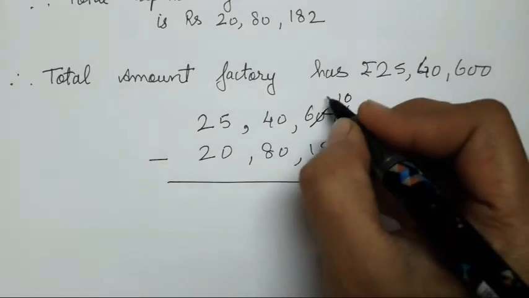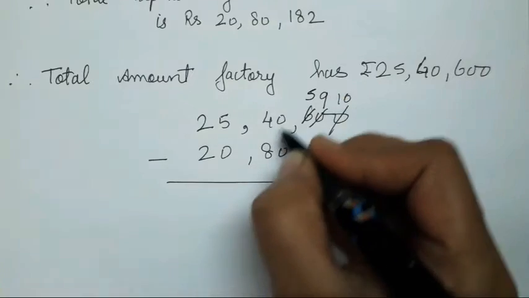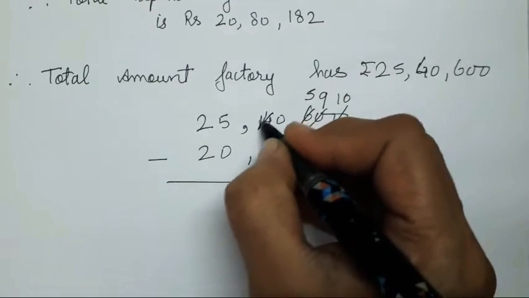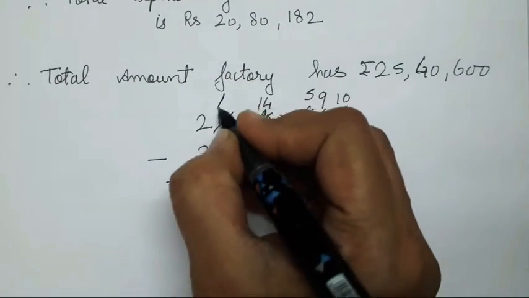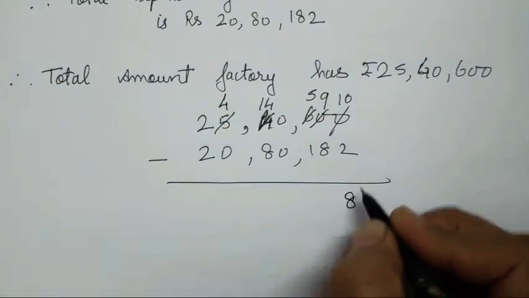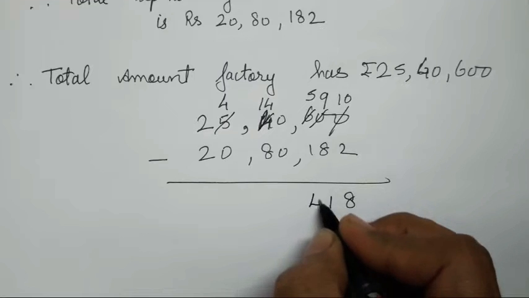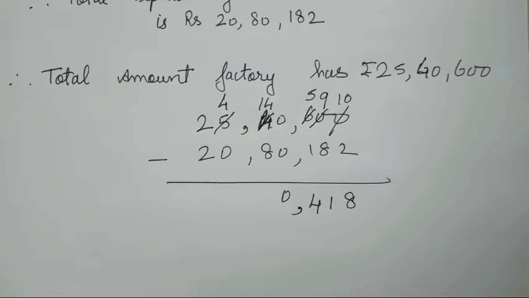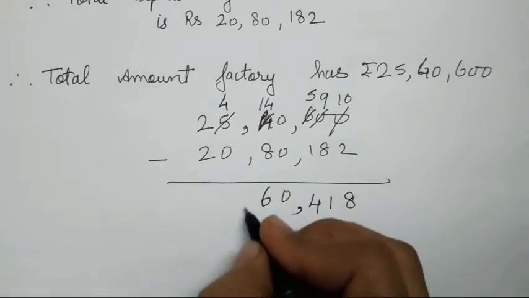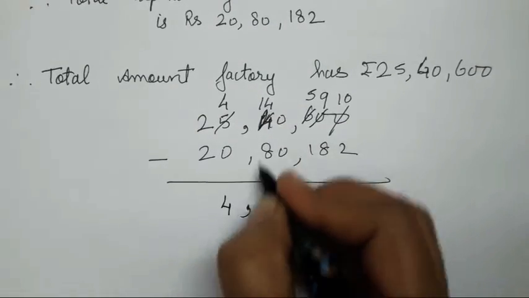So 10, 9, 5, 4. So I will cut and write it over here, 14 and 4 over here. So 8, 1, 4, 0. After 8, 9, 10, 11, 12, 13, 14. 6, 4.